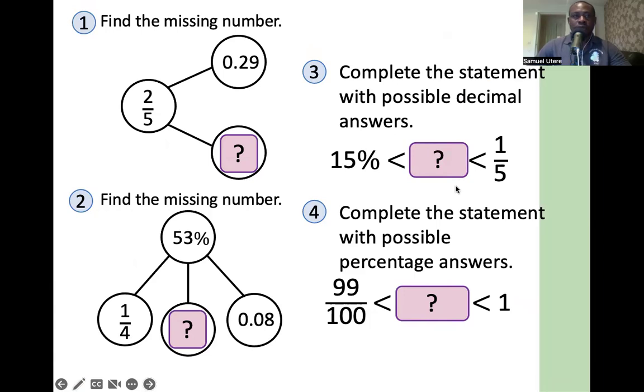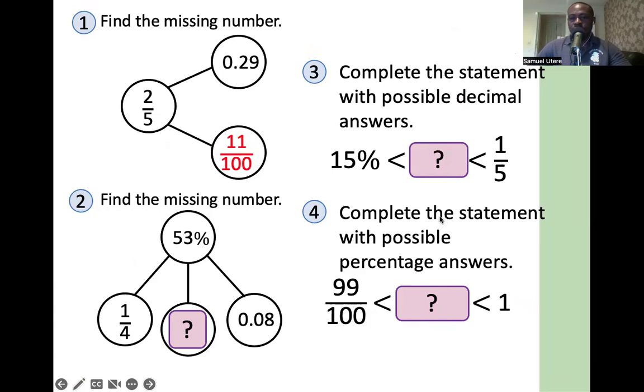Okay, assuming you've had time, you've worked really hard, you've answered these questions, here are the answers. Let's discuss them. Here, 2/5 is the same thing as, we know a fifth is 0.2. So 2/5 will be 0.4.